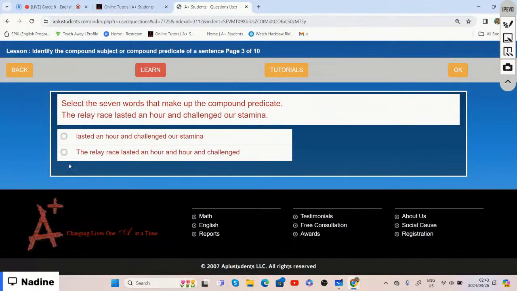It says, the relay race lasted an hour and challenged our stamina. We now need to select the 7 words that make up the compound predicate.